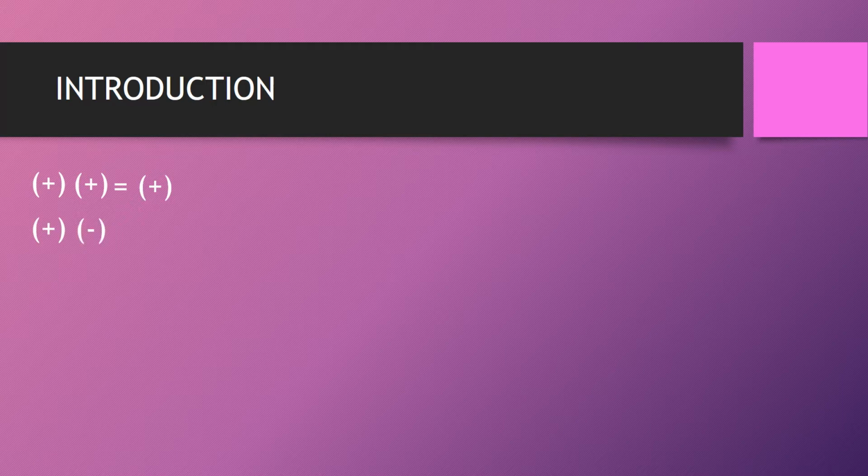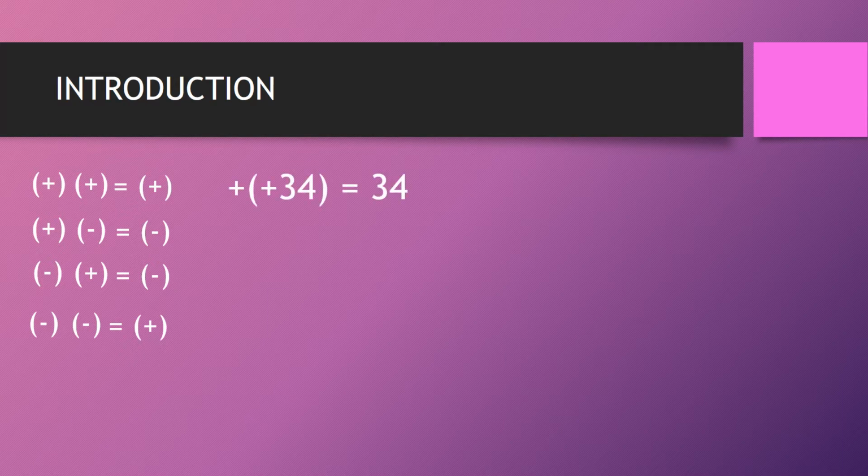When you have one positive and another negative, the final sign is negative. When you have one negative and another positive, the answer is negative. And finally, when you have two negative signs, the final sign is positive.